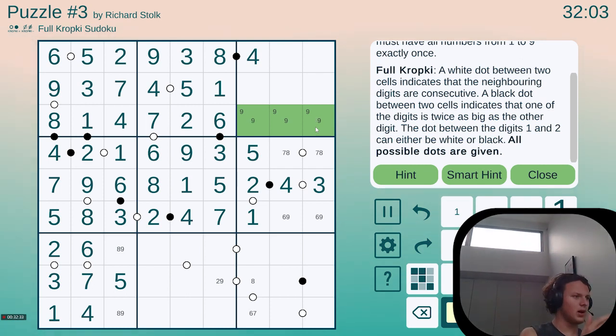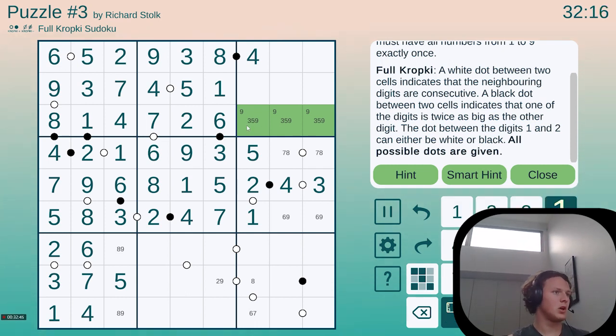Okay, I need to switch on, and I need to actually play the game. 9, a 3, or a 5. We know that can't be the 5. We know that can't be the 3. And that is where we are about at.